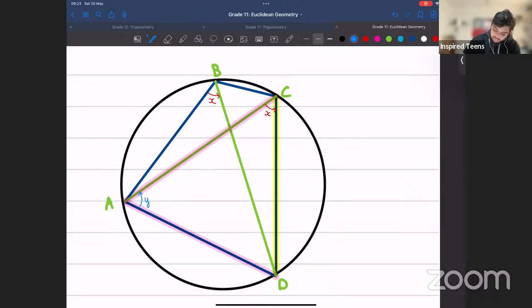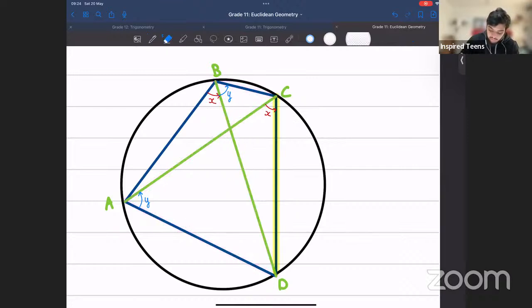Call it Y. But CD doesn't just subtend one angle, it subtends two. At angle B, CD subtends an angle as well. We can call this Y as well, because again, it is subtended by the same chord. So they are equal to one another.